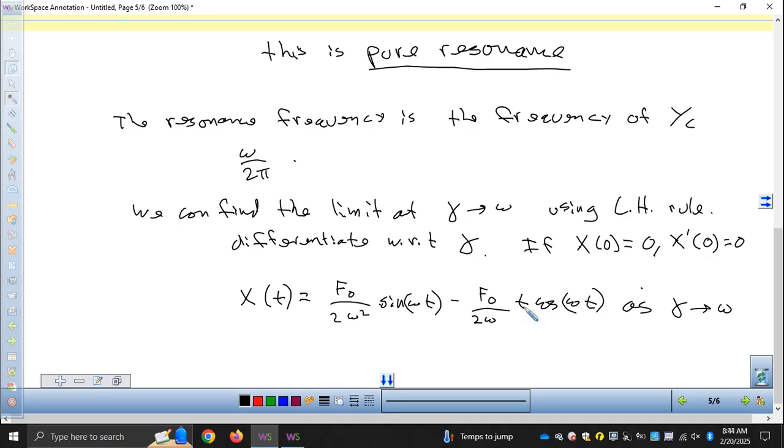All right. So now we know everything we need to know about spring mass systems in a mathematical sense.